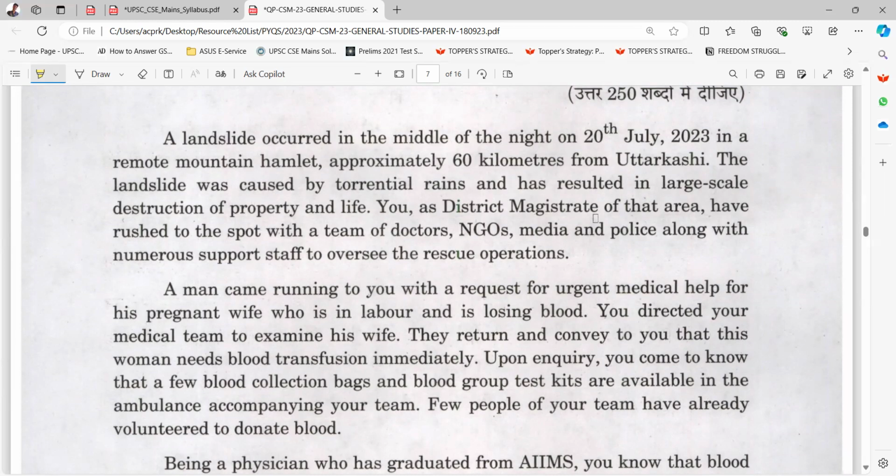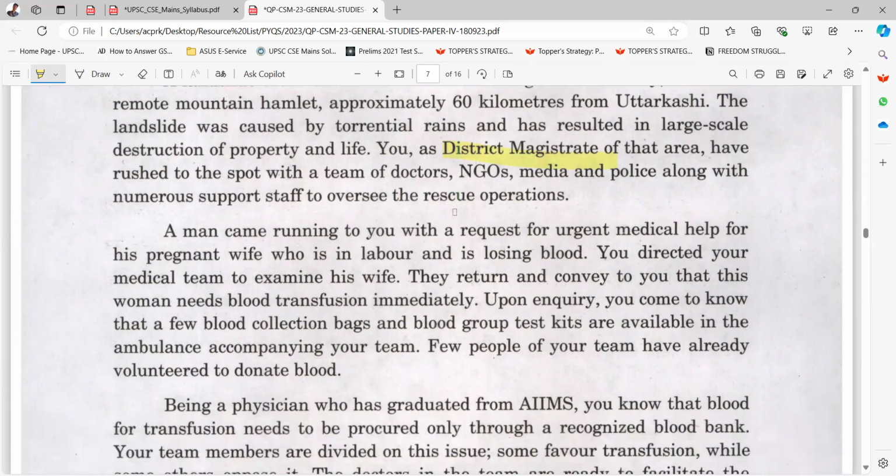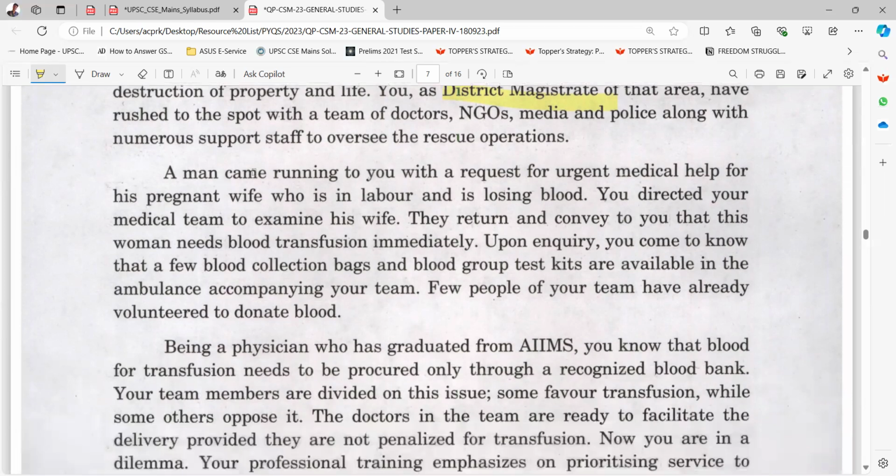You, as the district magistrate of that area, have rushed to the spot with a team of doctors, NGOs, media, and police, along with numerous support staff to oversee the rescue operations. A man came running to you with a request for urgent medical help for his pregnant wife who is in labor and is losing blood.